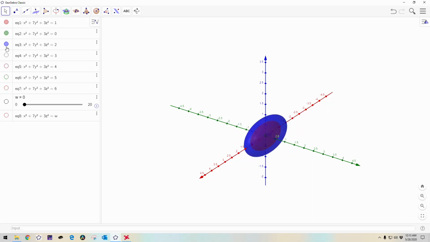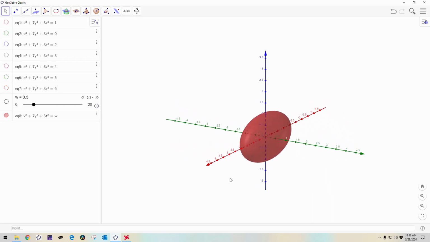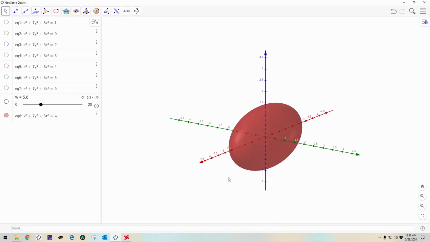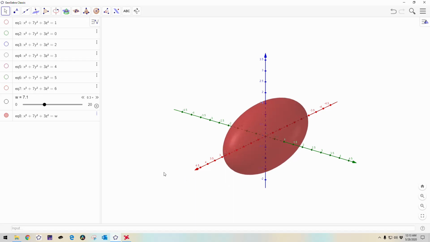Okay, and another way of thinking of it, instead of doing each individual one here, is we could start with the smallest one, and then it should be more of a continuous thing like this, right? As the output value goes up, the object should just be continuously increasing. It should just be one surface connected to the next, one after the other.